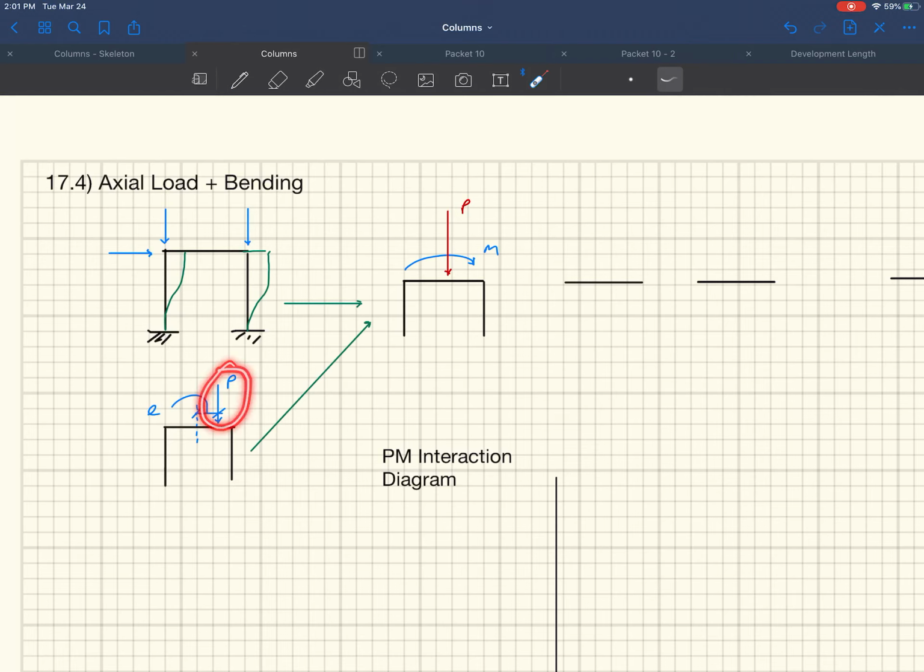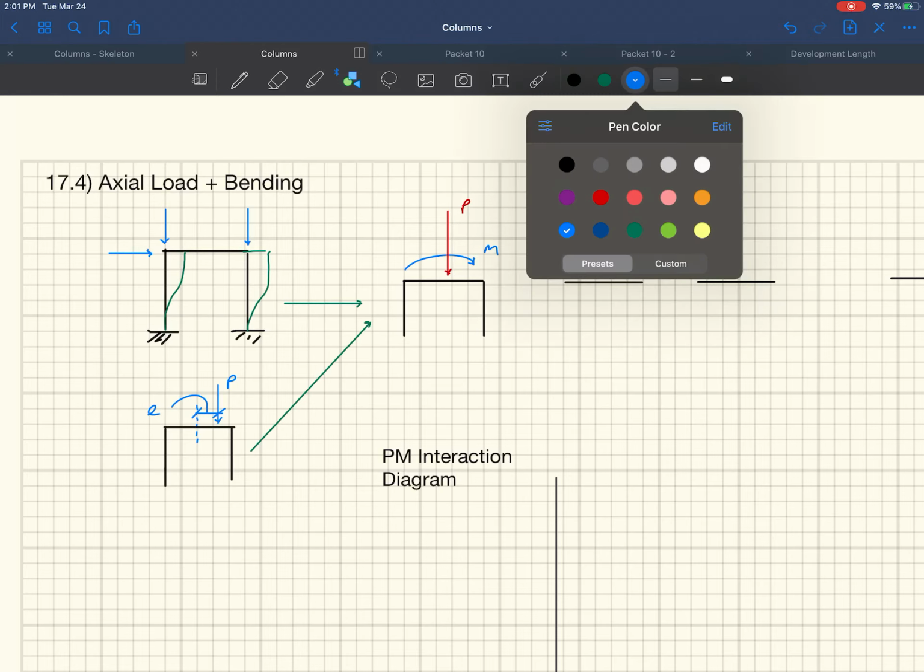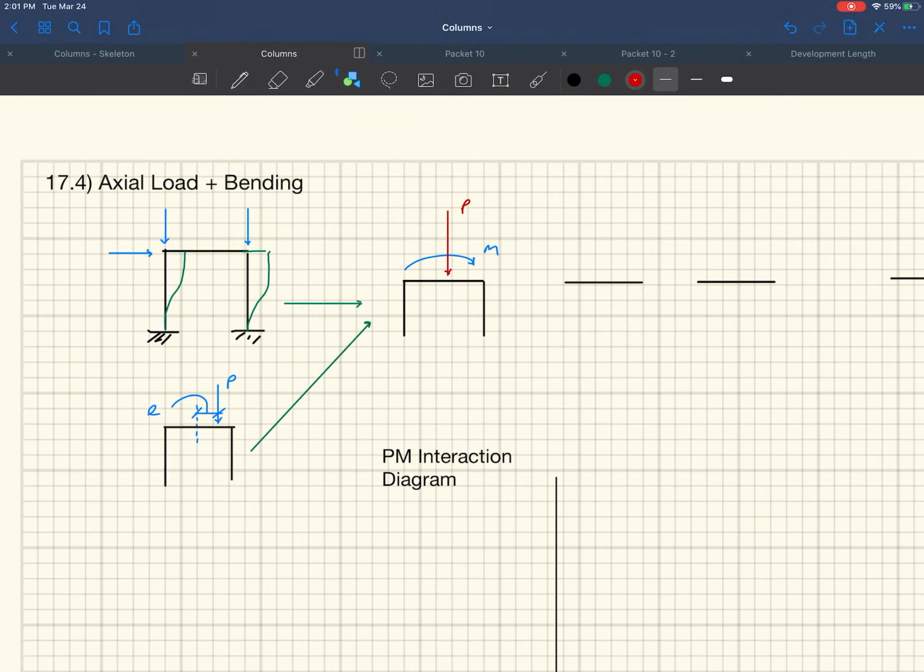This could be interpreted as a point load and a combination of a moment. And same thing with these guys, you can do the same thing. And so if we look at the stresses really quick on what an axial load and a moment would do, if we look specifically at axial load stress, these stresses would simply be this, just what we saw before, when we did the derivation a few minutes ago.